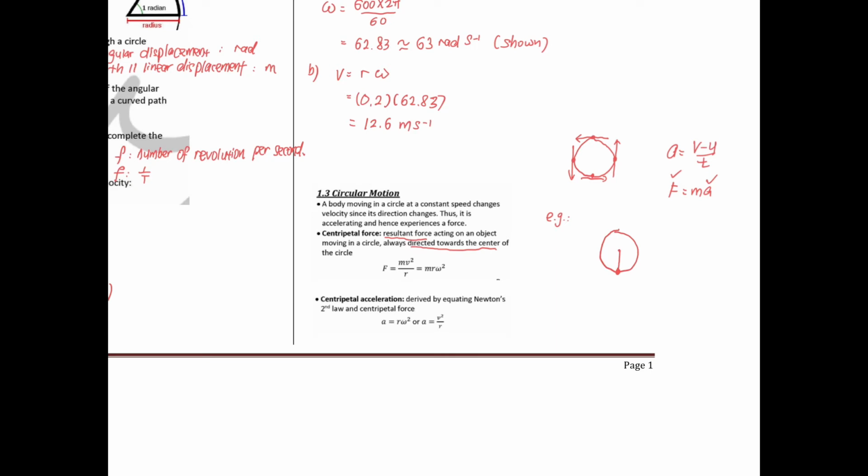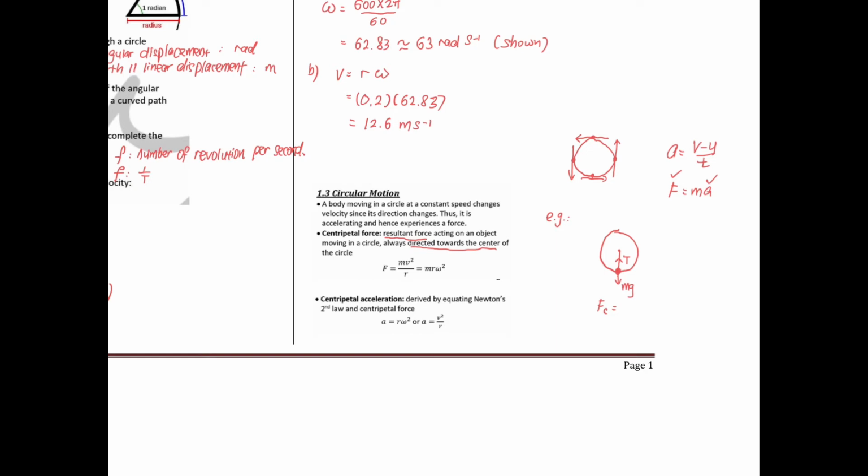If the object is here, then there is a weight, which is mg, and since the string is holding the object, there is a tension. In this situation, the centripetal force, let's call it Fc, is the resultant force.